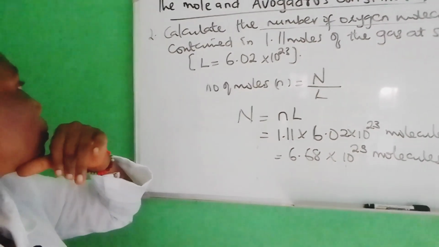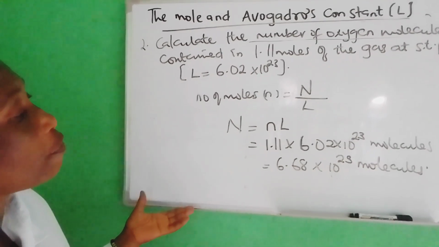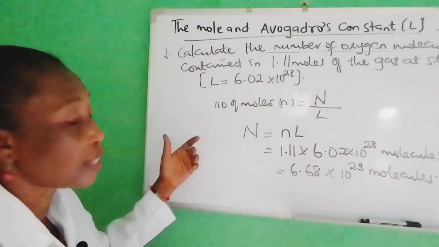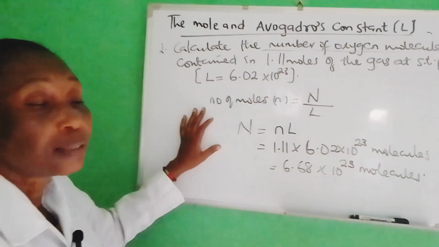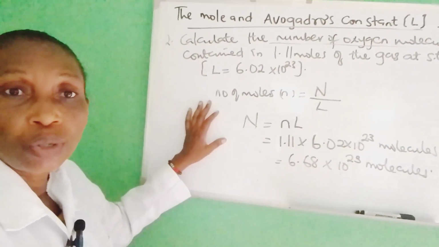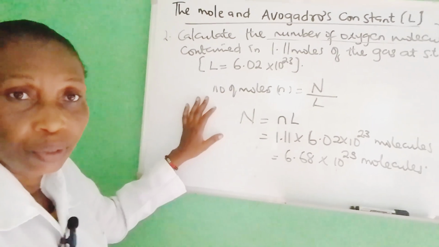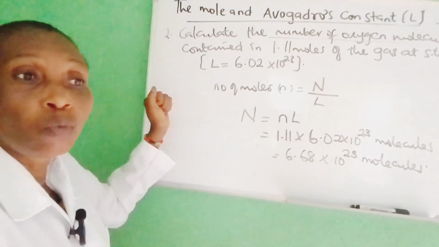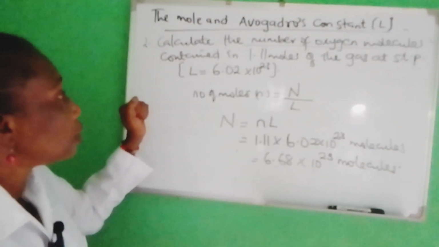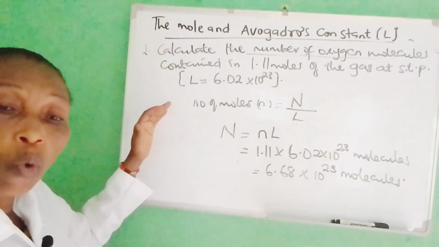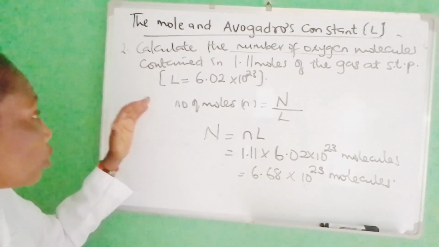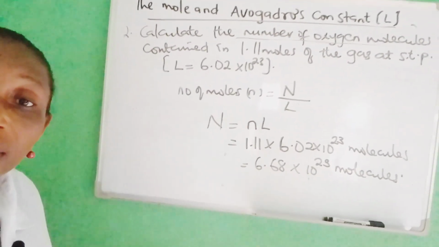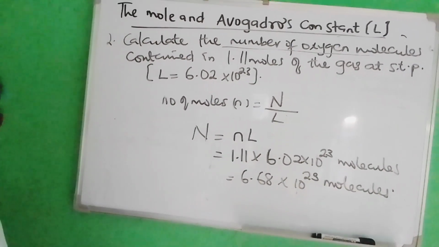It's a relationship between the number of particles, Avogadro's constant, and the number of moles or amounts. Recall that 1 mole of any substance contains 6.02 times 10 raised to power 23 particles.